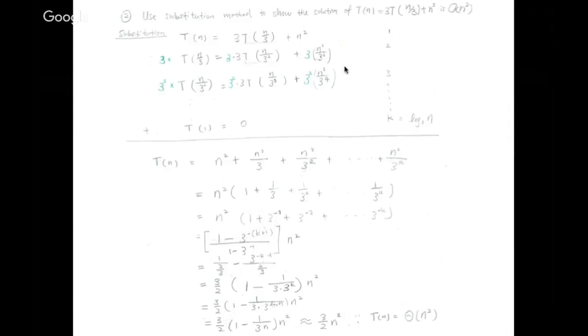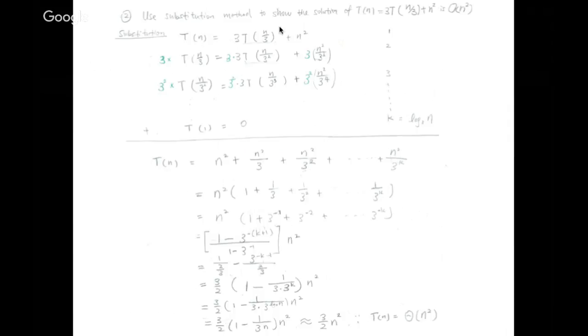So in order to remove these T terms on the right-hand side of the equations, I have to multiply this equation by 3 and then multiply this equation 3 by 3 squared.